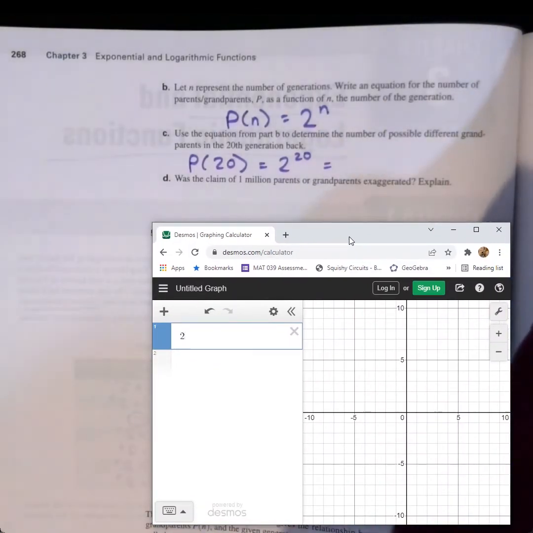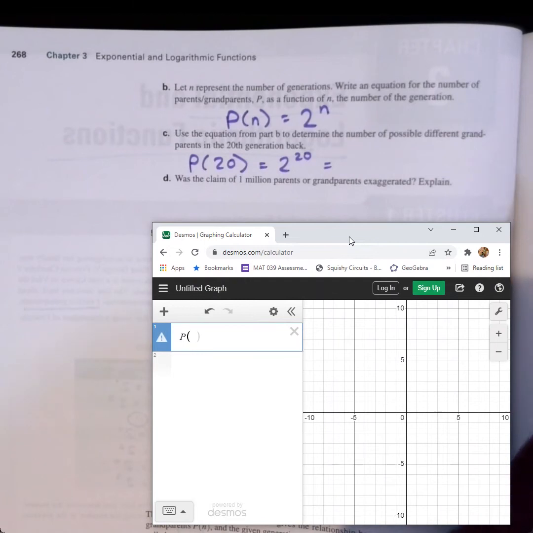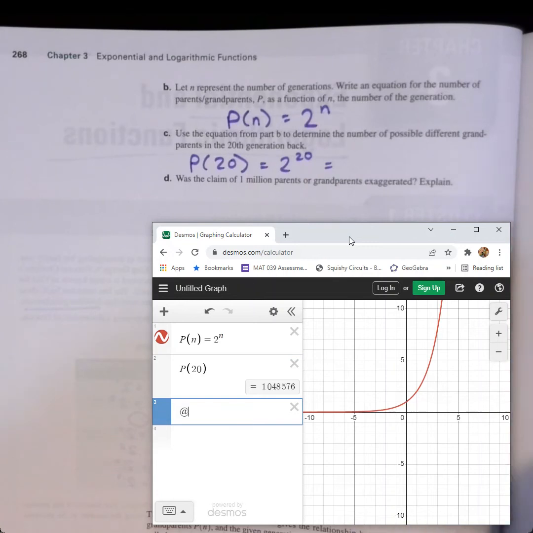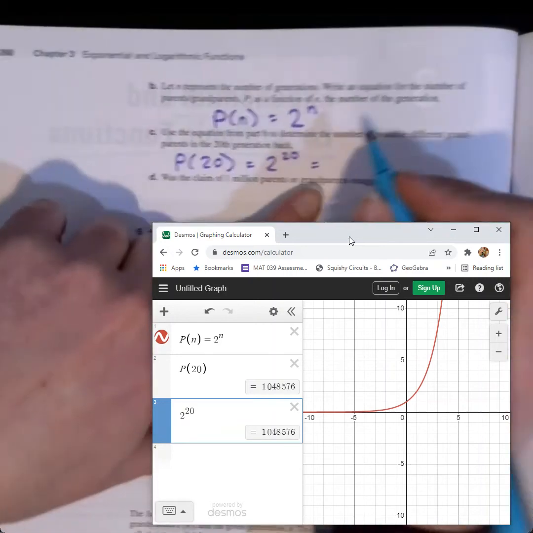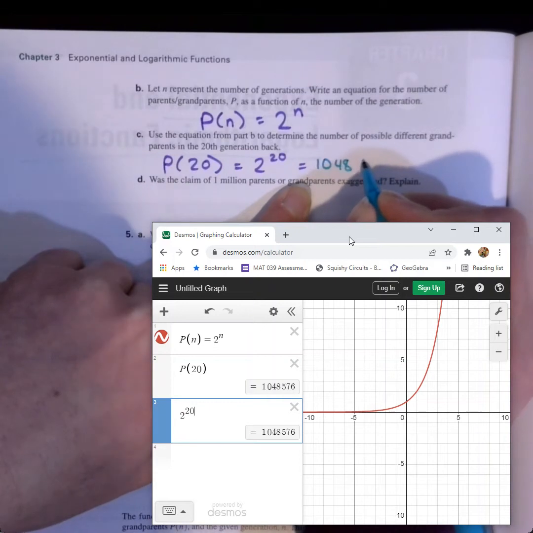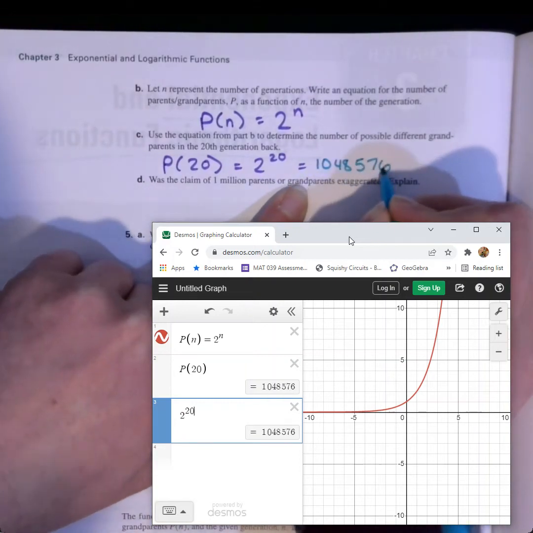Okay, so I can type in the function, P of n equals 2 to the nth power, and I can evaluate P of 20, or I could just do 2 to the 20th, and again, we can see that the result here is 1,048,576.